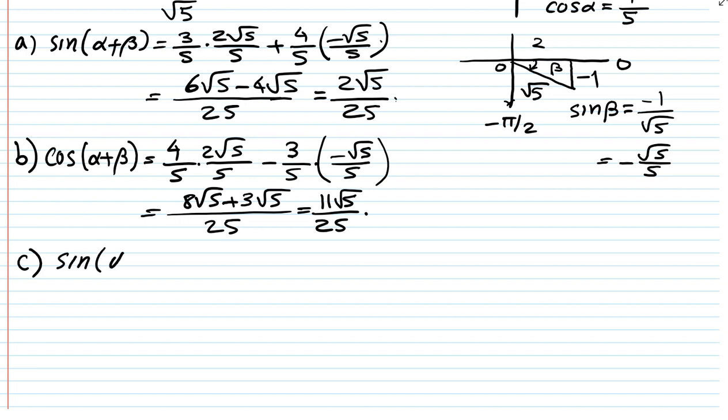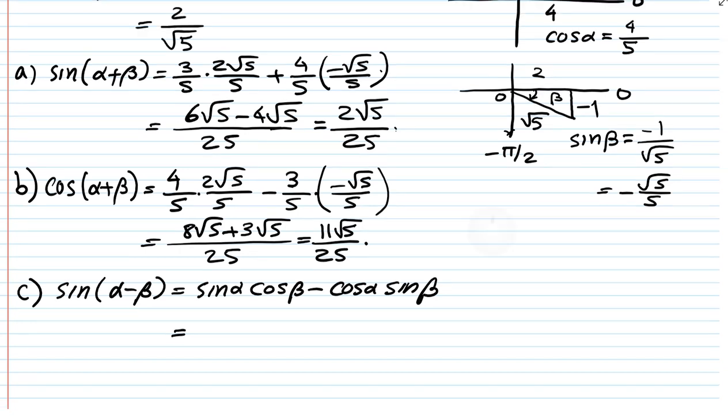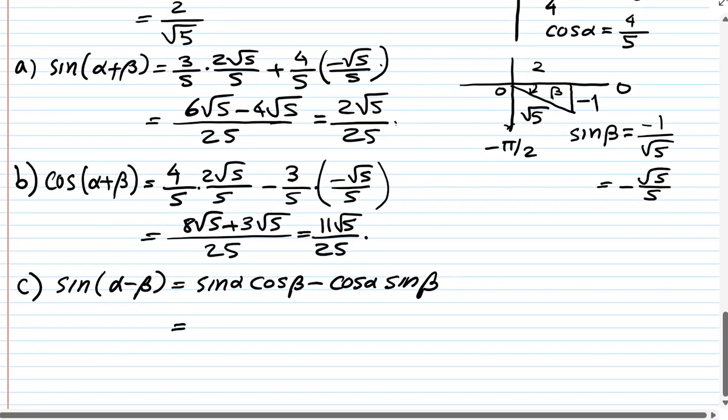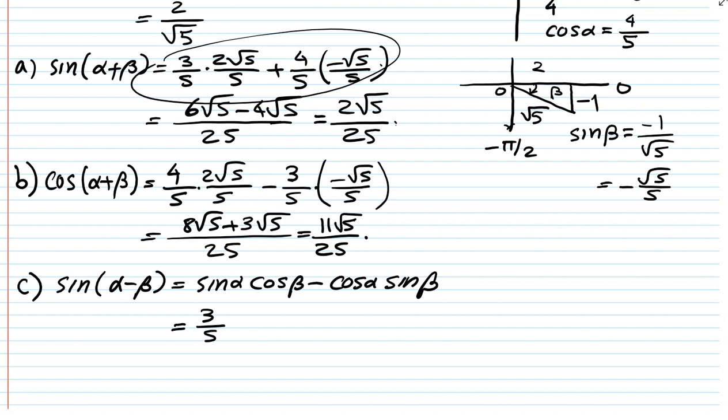Let's do sine of the difference, alpha minus beta. Again, for this one, using the formula we had was sine cosine minus cosine sine, right? And we just have to plug those in. Sine alpha and 3/5. Cosine beta is just like this one, right?